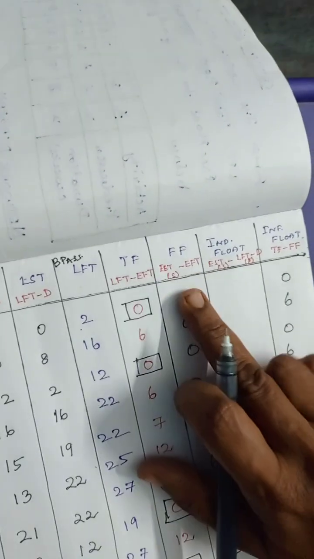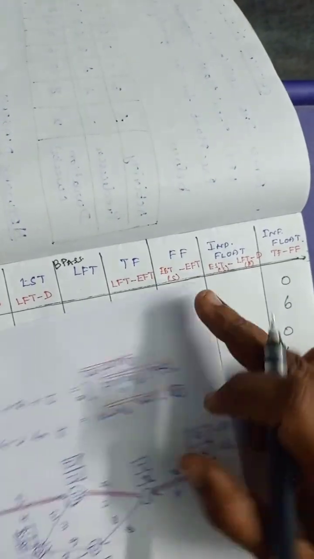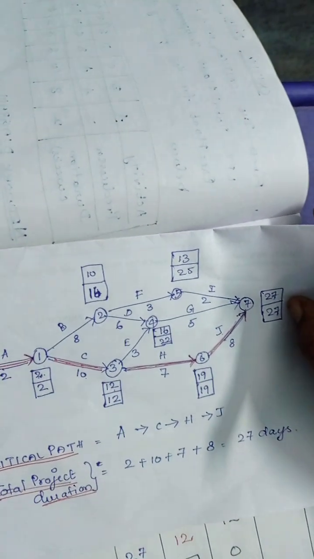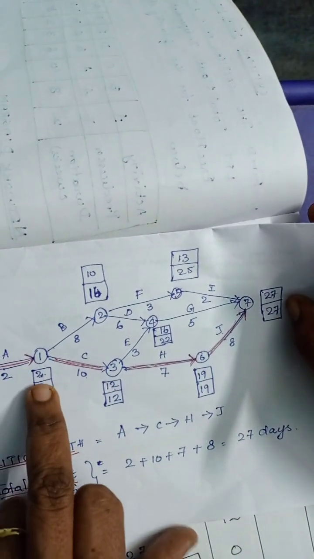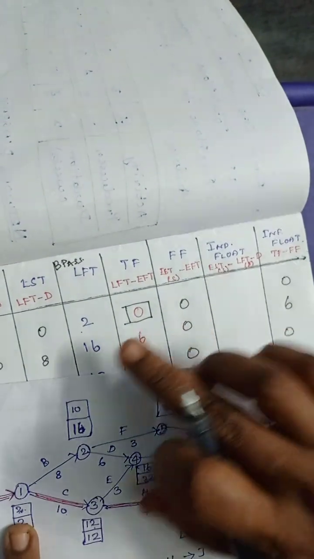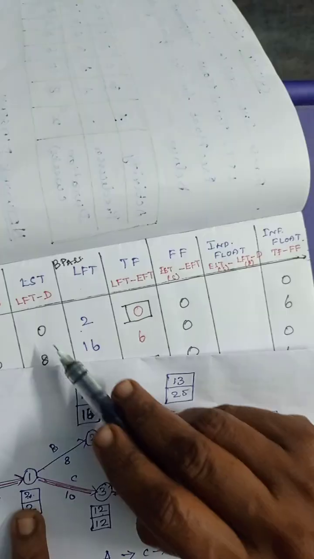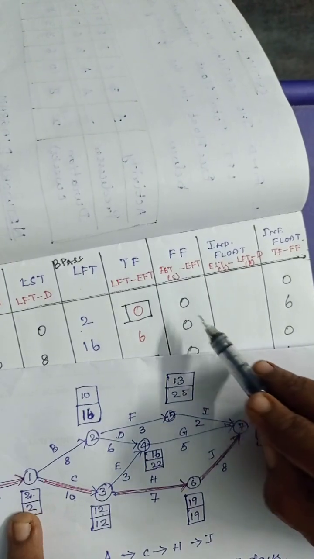To calculate free float, you have to consider the earliest start time of the successor node. Earliest start time of the successor node of A is this. So first one is 2 minus EFT. 2 minus 2 is 0.